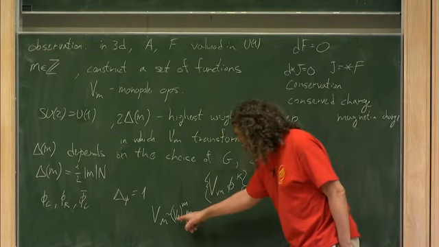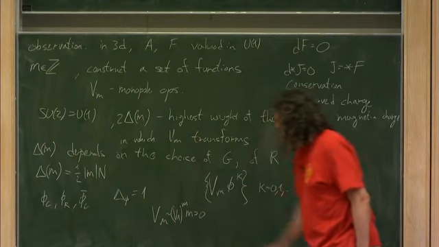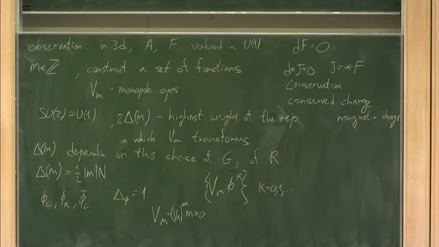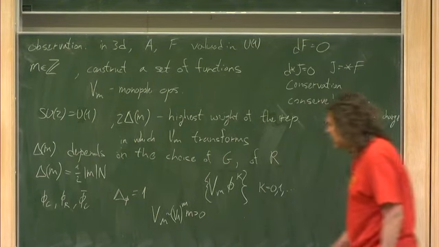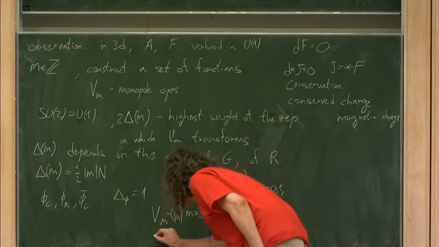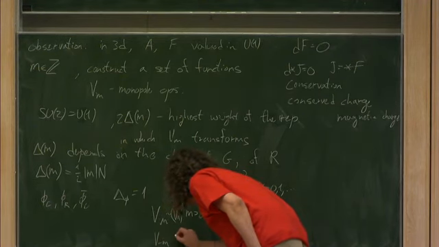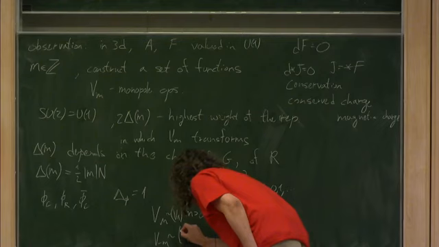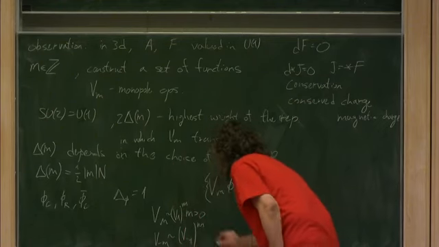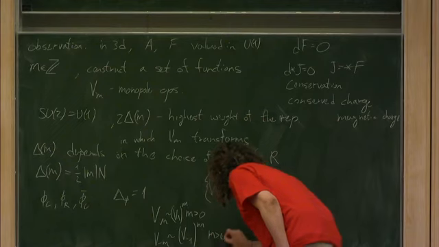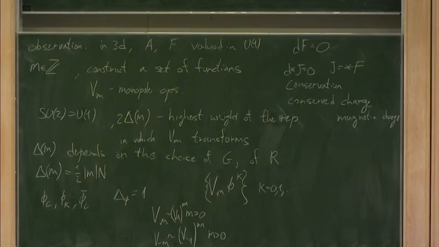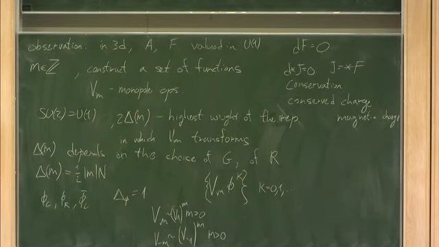So I can always replace V_m by V_1 to the m. I can do the same thing if m is negative. So let's write it like that: V_{-m} is V_{-1} to the power m for m positive. Okay? So this defines the way I multiply functions on this space.